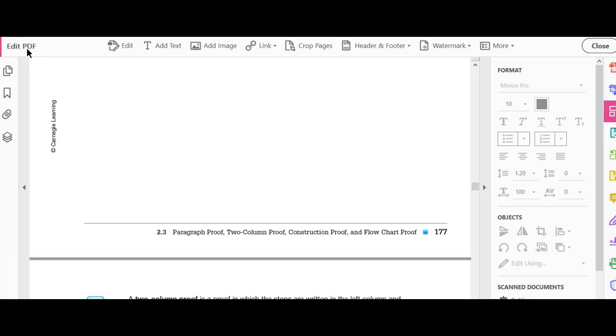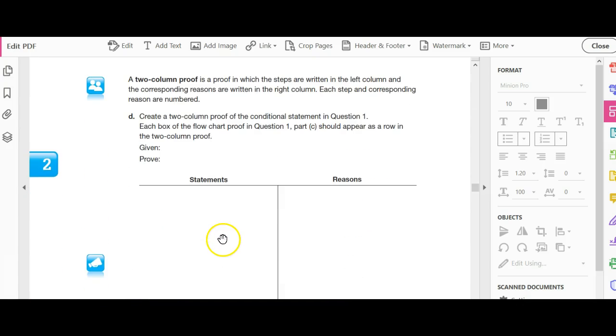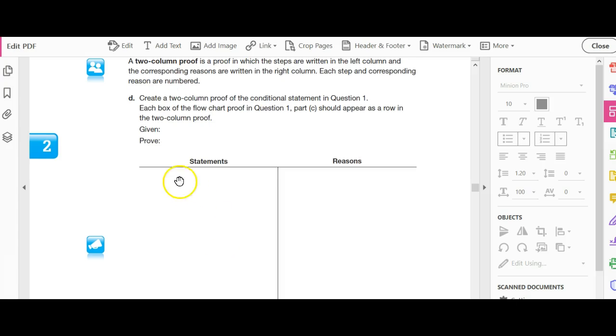Okay, so now you're doing a two-column proof. That's the thing that comes up next, right? Two-column proofs are written like this. Here we have the two-column proof. It has all the statements written on the left and all the reasons given on the right. And here's what it says. It is a proof in which the steps are written in the left column and the corresponding reasons.